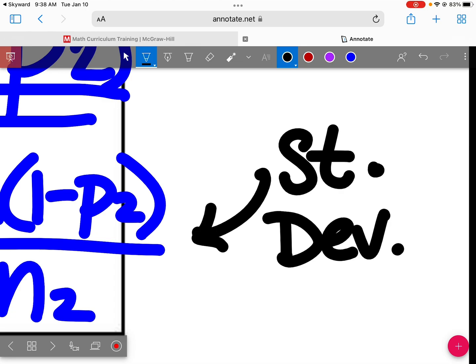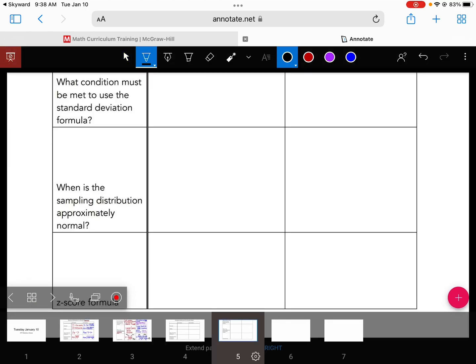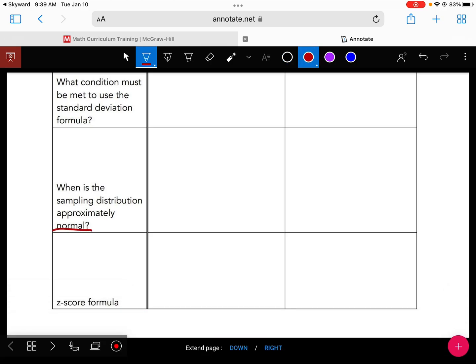Backside of this goes through the exact same ideas, only for the mean. Most of this is straight up the same, except we're using x bar instead of p. What I do want to look at, though, that is slightly different. When is the sampling distribution approximately normal? One of two conditions has to be met. Either the population distribution is normal or my central limit theorem applies.